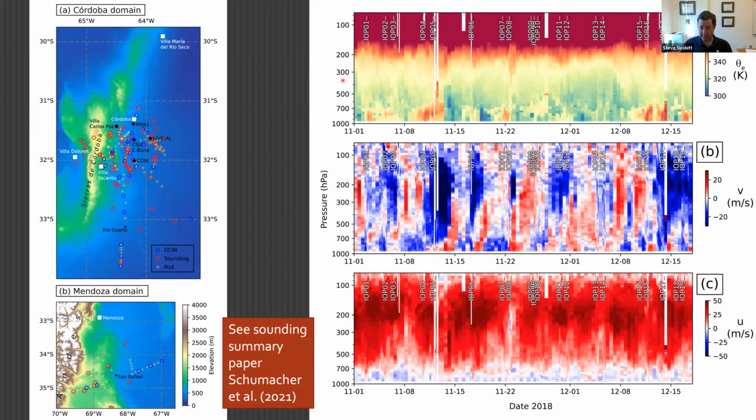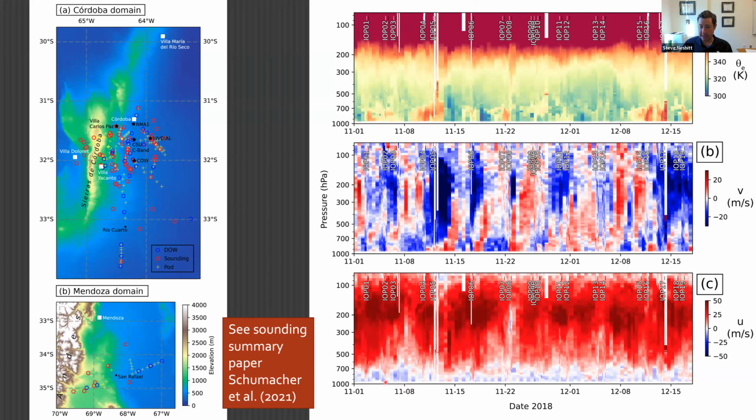Here are just vertical profiles, pressures on the y-axis and time over the IOP. And the top panel here shows the time of each IOP. And these are from a certain radiosonde site, showing theta E. So the high values here you see in the red, those are the low-level jet events that came in. And then this is the V wind. So you see the low-level jet negative being our strong low-level jet events.